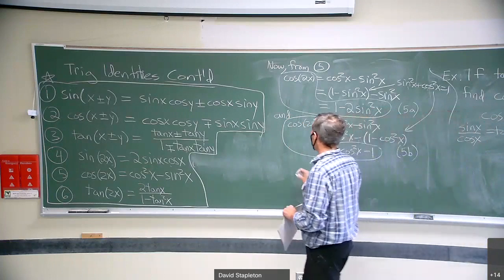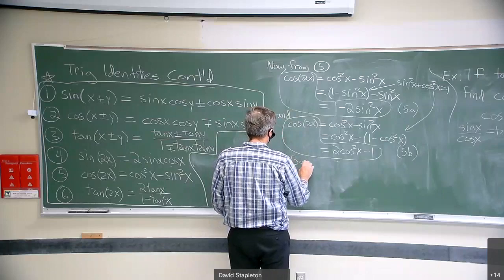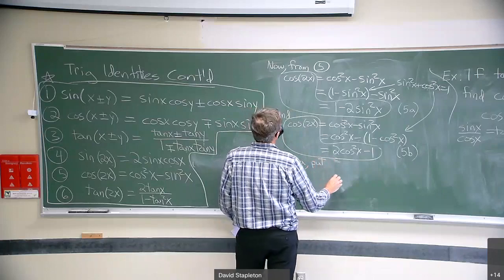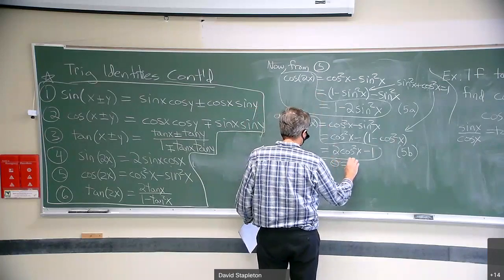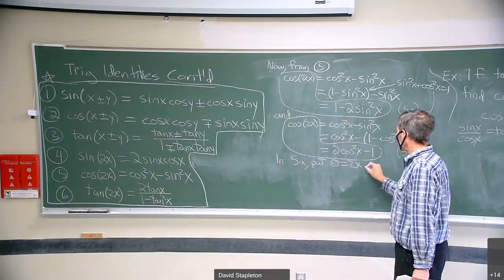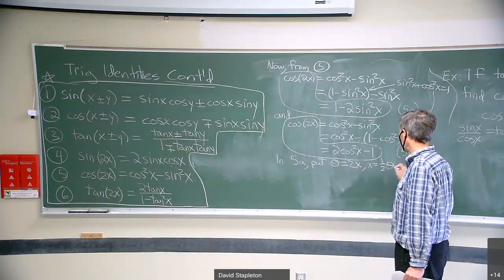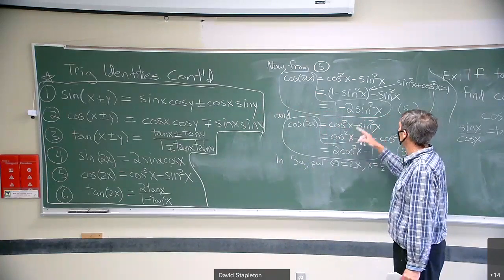In 5a, let's substitute 2x equals theta. Theta equals 2x, in which case x is 1/2 theta, dividing by 2. What does this become?